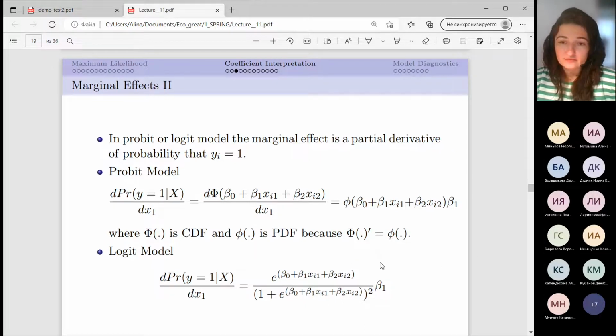Okay, so what can you see from these final expressions?